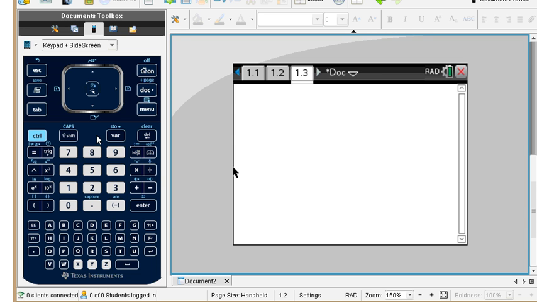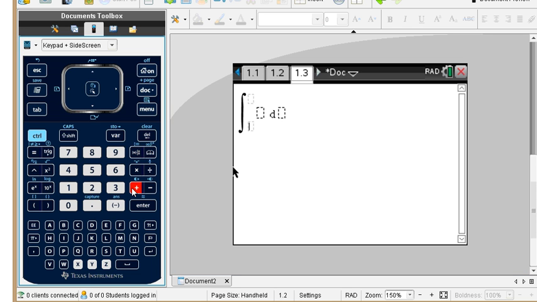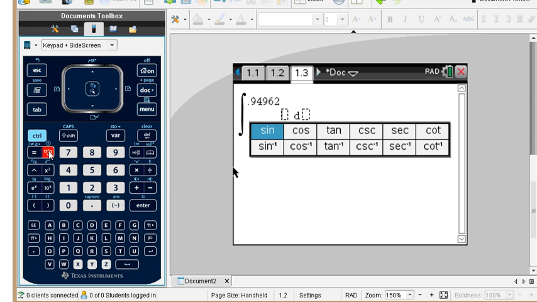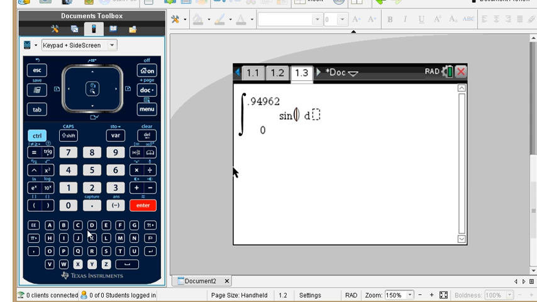So another time, shift plus, 0 to 0.94962. Then we come here and put sine x minus x to the power 4 and dx.